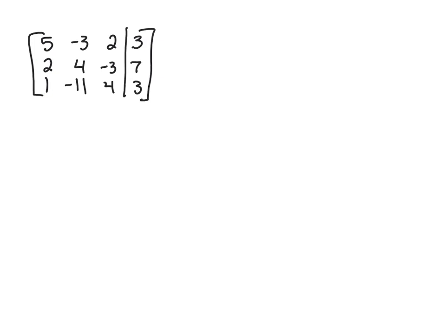Then you're going to get a 0 in row 3, column 2. Then you're going to use row 3, column 3 to get a 0 in row 2, column 3, and row 1, column 3, and use 2, 2 to get this right here. We'll talk about the notation that I'm using in my words soon.